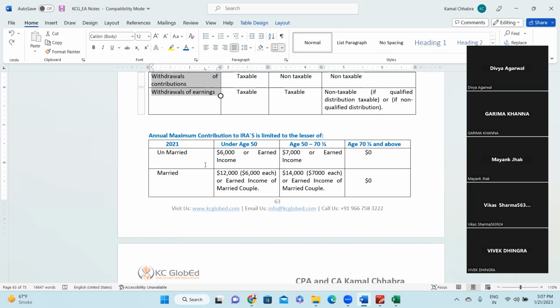If they are filing jointly, then $12,000 or $14,000. So the $6,000 is for each, if they are filing separately. Yes. Got it.